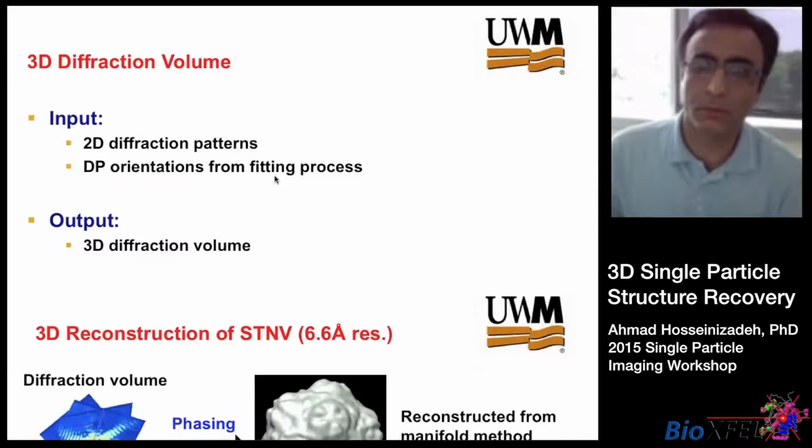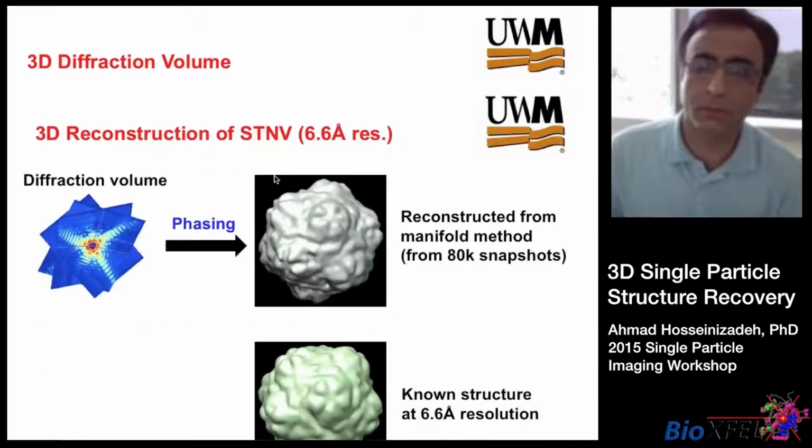And this is what we got from the lower resolution. This was the diffraction volume, and then we did a phasing, and this was the wires we found from manifold embedding, using 80,000 diffraction patterns. The resolution is just 6.6. And this is the known structure as a PDB file, so we can see that they are pretty close to each other.